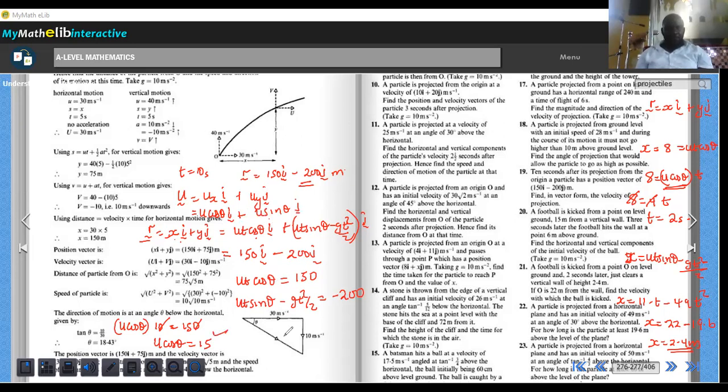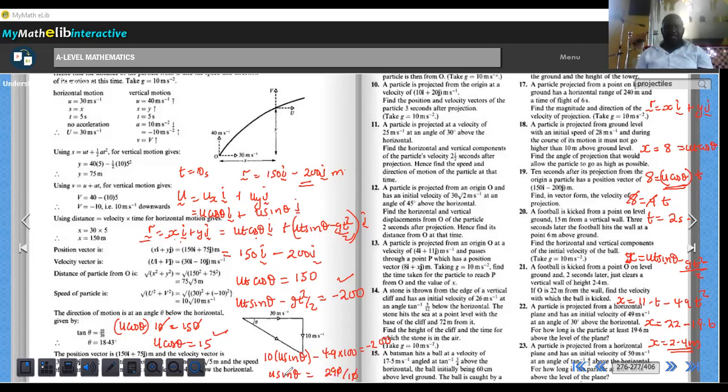For the vertical, substitute the 10 in this second one. You get 10 u sin theta minus 4.9 times 100 is equal to negative 200. So u sin theta is going to be equal to 490 minus 200, you get 290, divided by 10.